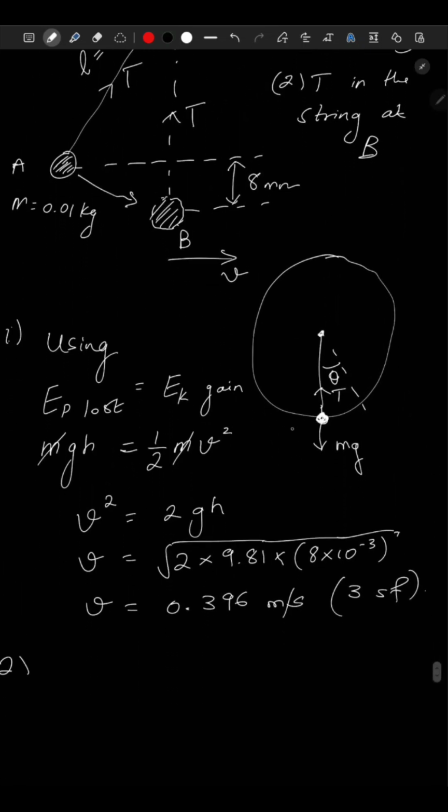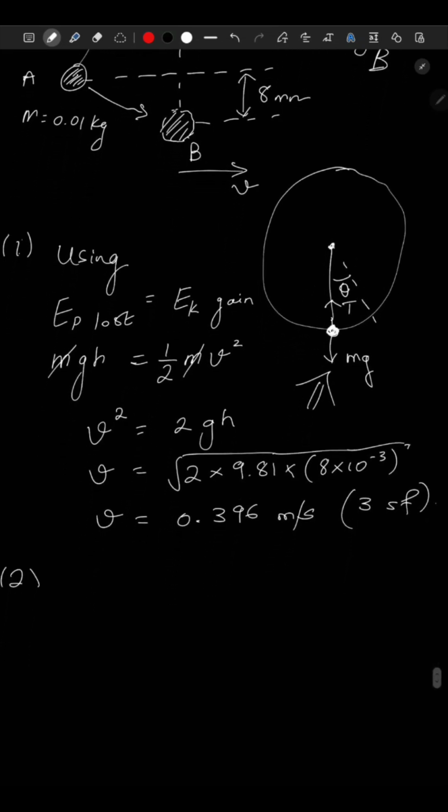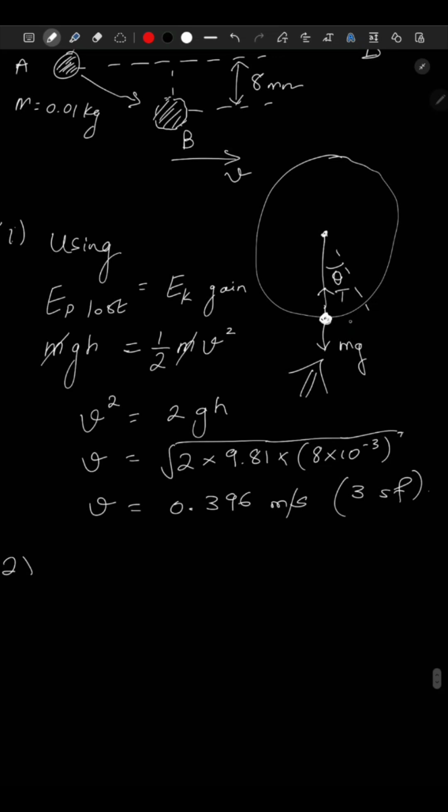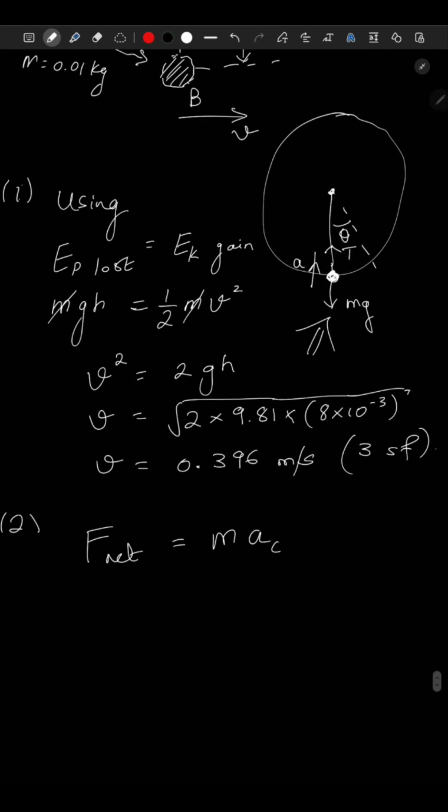So we have to use this diagram here. At this point, the centripetal force is toward the center, and therefore the acceleration is also toward the center. So we can say that the net force is the mass times the centripetal acceleration, and the net force is T minus mg, because the acceleration is towards the center.